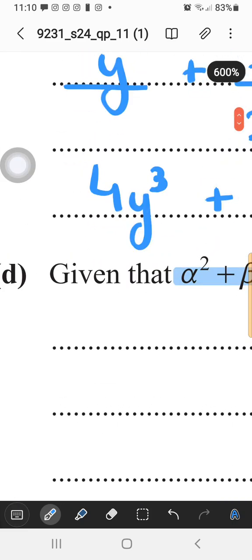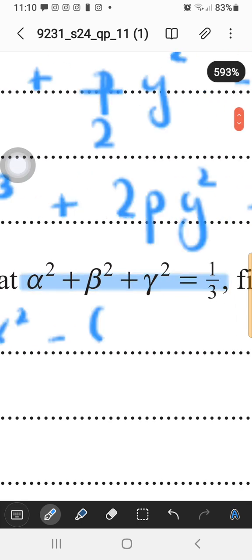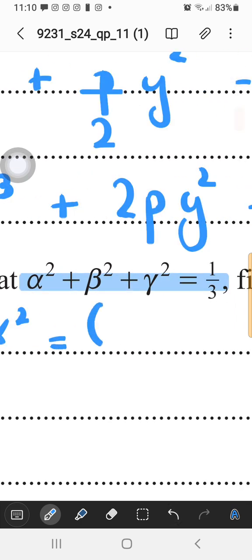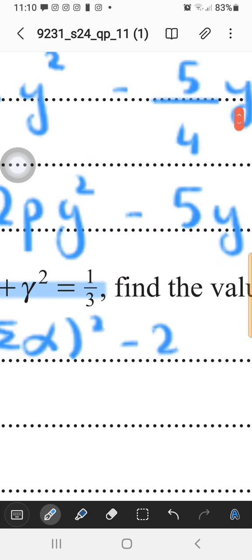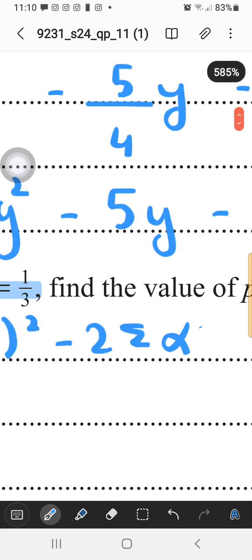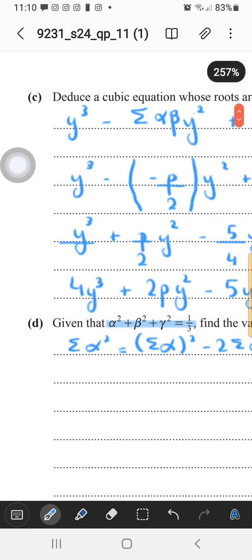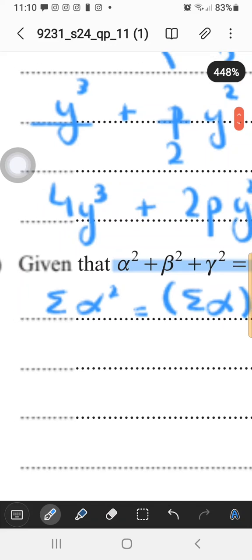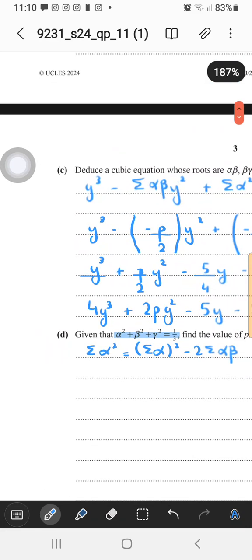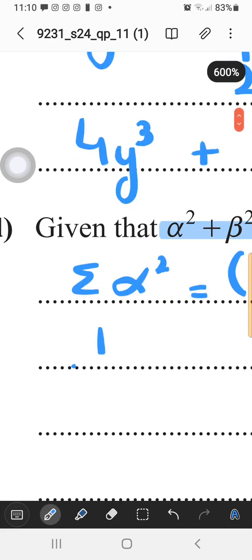So we know the sum of alpha square is 1/3.